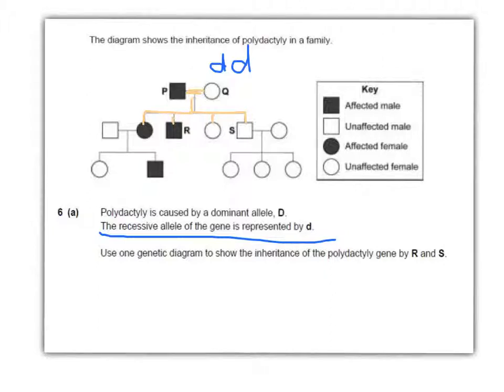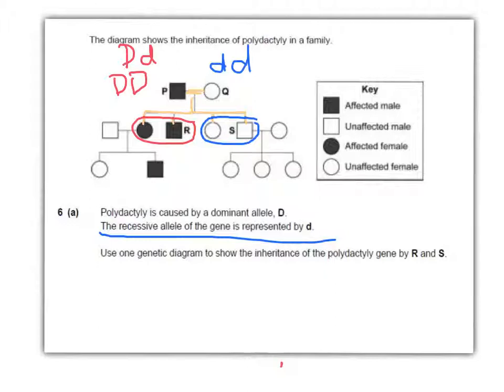Now P is an affected male, so that basically means he can be either big D, little d, or big D, big D. Now, if you look at the offspring, you can see that half of the offspring have the disease, and half of the offspring do not have the disease.